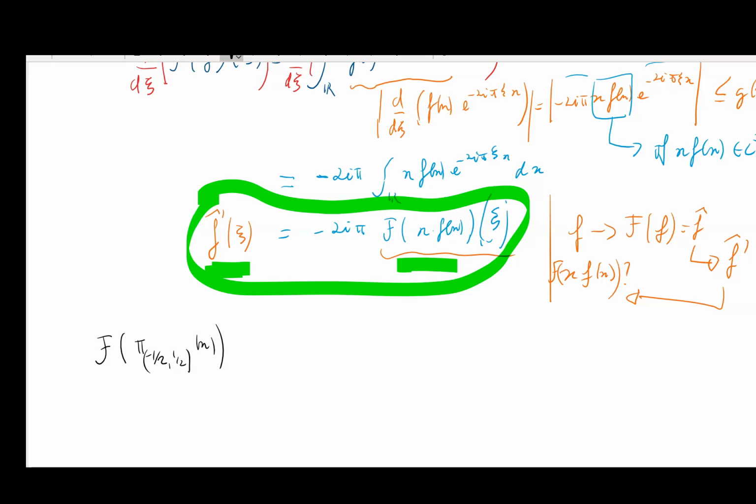We had obtained the sine of 2 pi xi a, with a being 1 over 2, so that's the sine of pi xi divided by pi xi. That's what is called the sinc function. That's the Fourier transform of this function. Now, what can I do with this one?